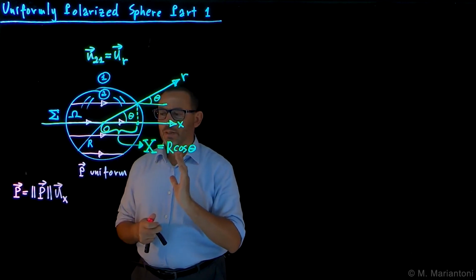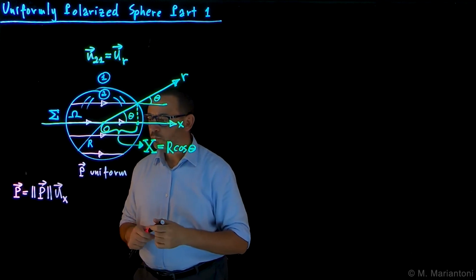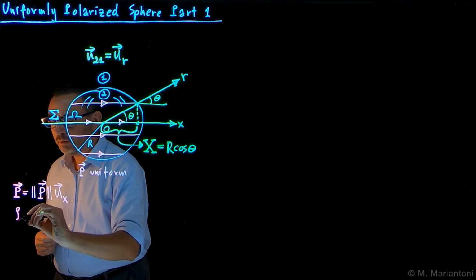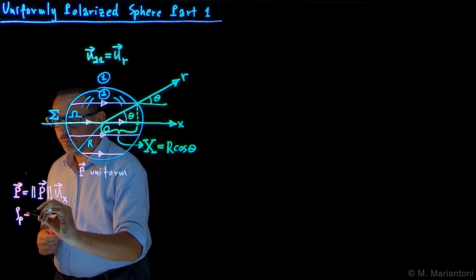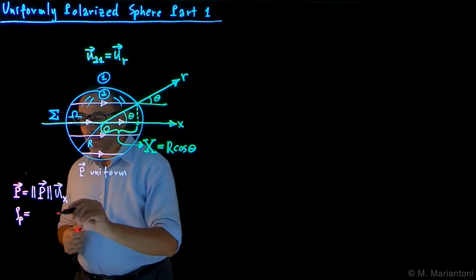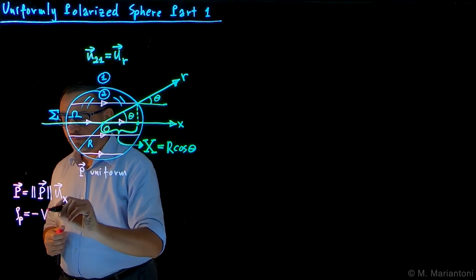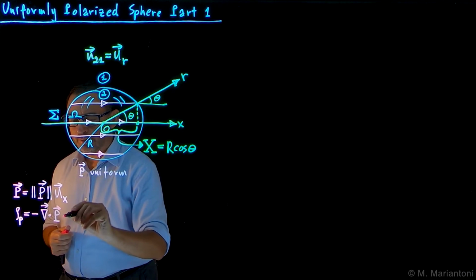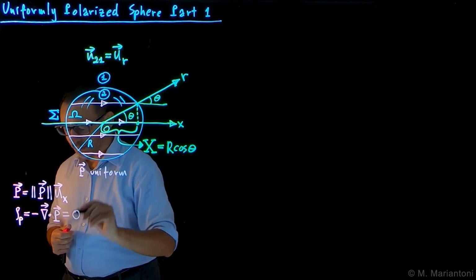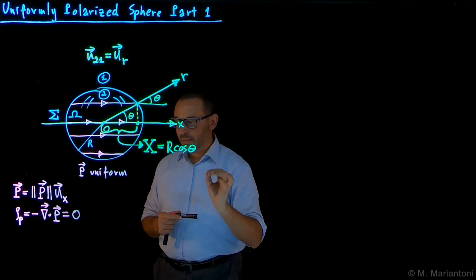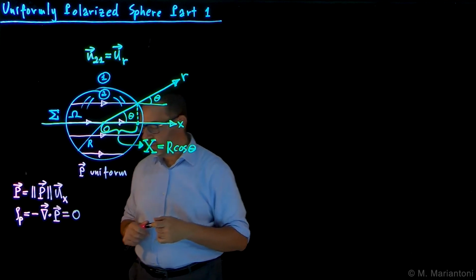Since it is uniform, we can also immediately find that rho_p, the volume polarization charge, is given by minus the divergence of P vector. However, this is a uniform vector, therefore this is equal to 0, as always in the case of uniform polarization fields P.